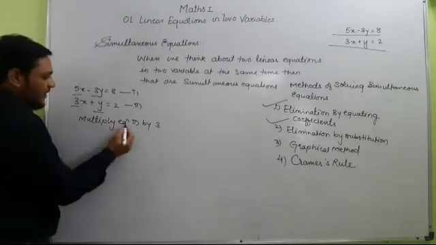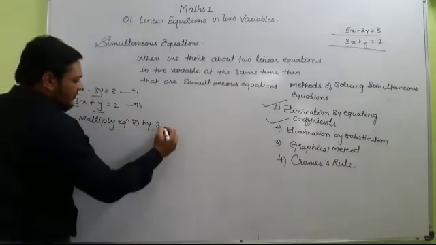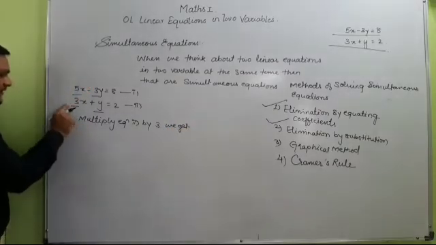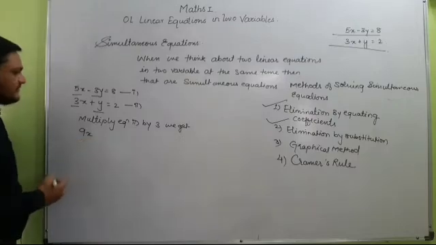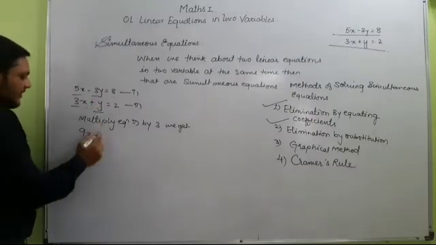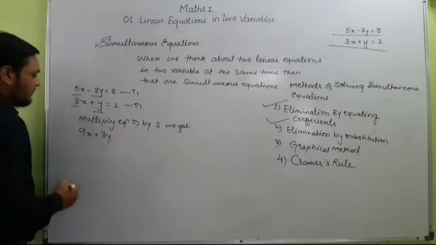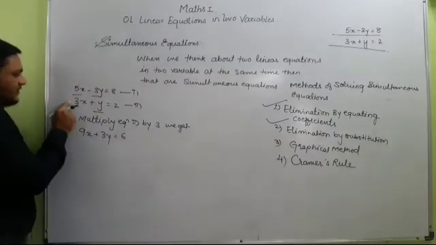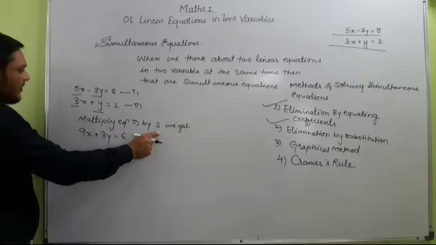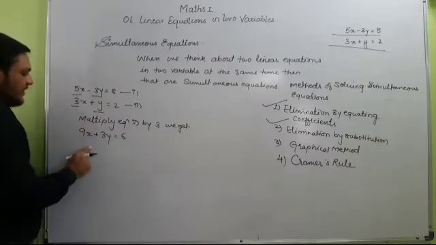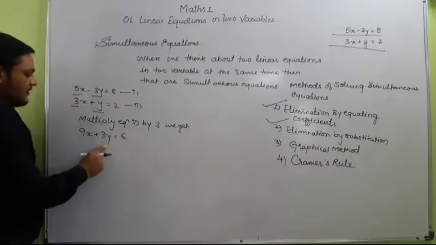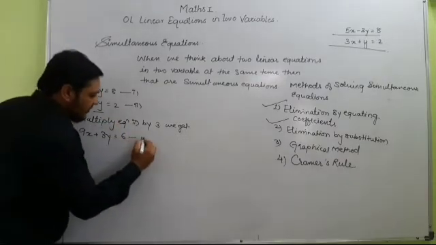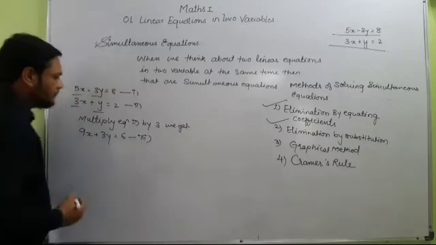So if we multiply equation 2 by 3, we get 3 threes are 9x, and plus y becomes plus 3y, and equal to 2 becomes equal to 6. Let this be equation number 3.